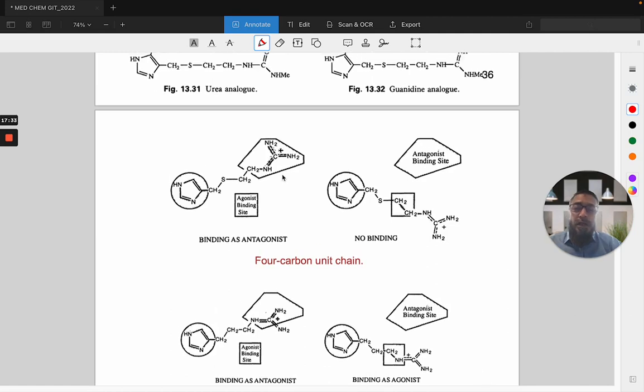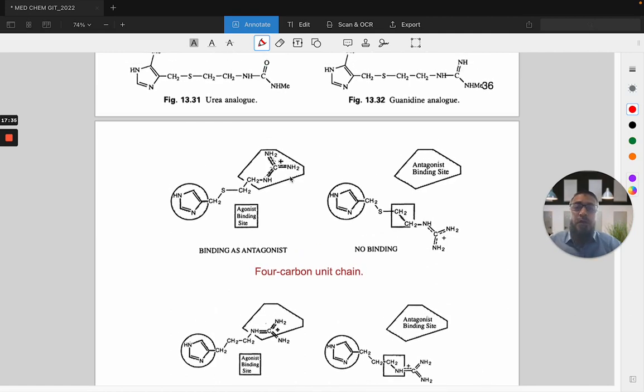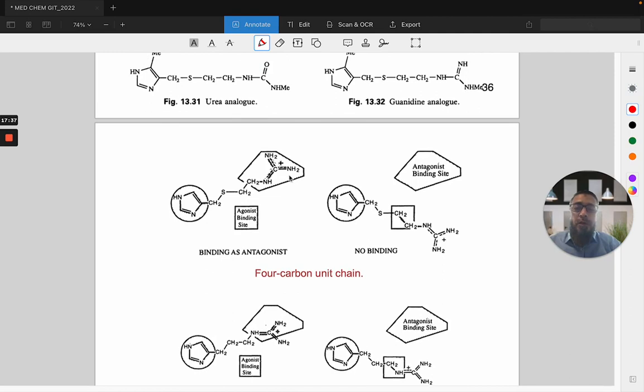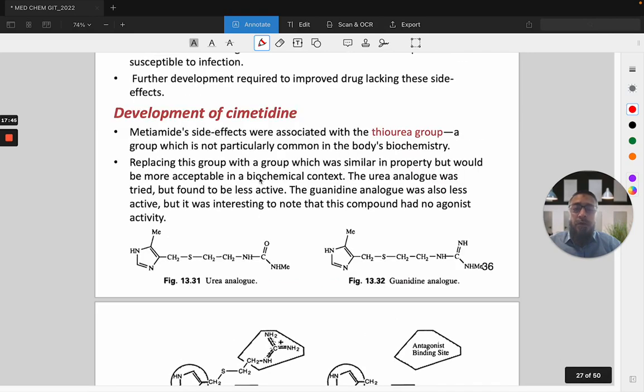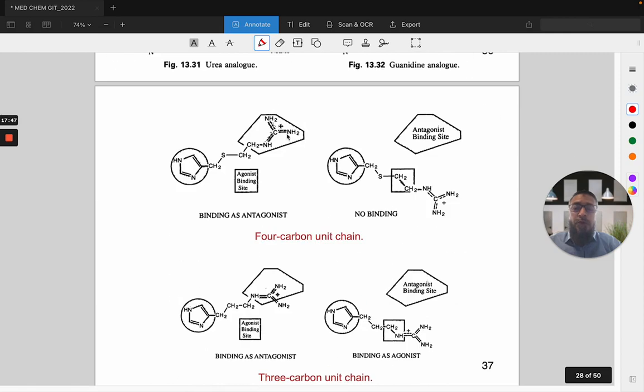And then the second thing is they have removed the sulfur group because metiamide had the side effect because of the presence of the thiourea group. So they have replaced the thiourea group with the cyanoguanidine group, and so this part of the molecule has the ability to bind with the antagonist site, right?